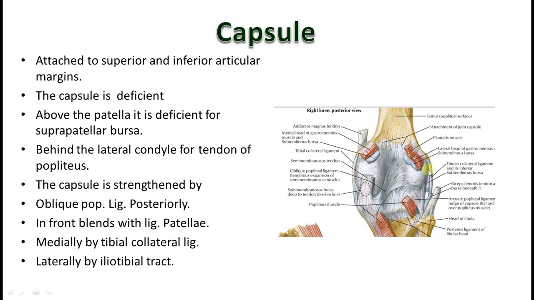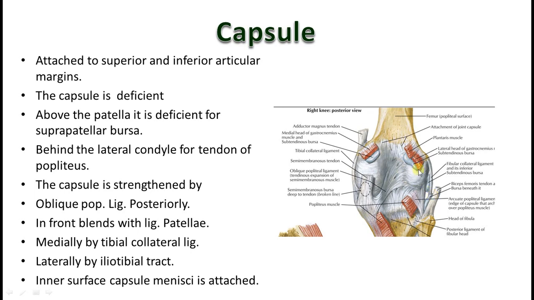So it does not merge with the capsule, whereas the tibial collateral ligament merges and strengthens the capsule medially. Posteriorly the oblique popliteal ligament, anteriorly the capsule merges with the ligamentum patellae, and laterally, as I told you, the iliotibial tract, a modification of deep fascia, which I have seen in the earlier classes of the lower limb.